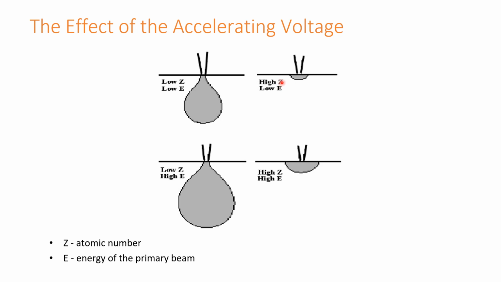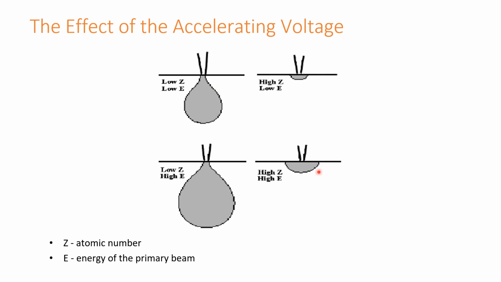If the atomic number is higher, that means the electron is absorbed or stopped easily by the material. So if we have a high Z value, that means a small interaction volume, and if we have a low Z value, meaning low atomic number, that means more interaction volume.